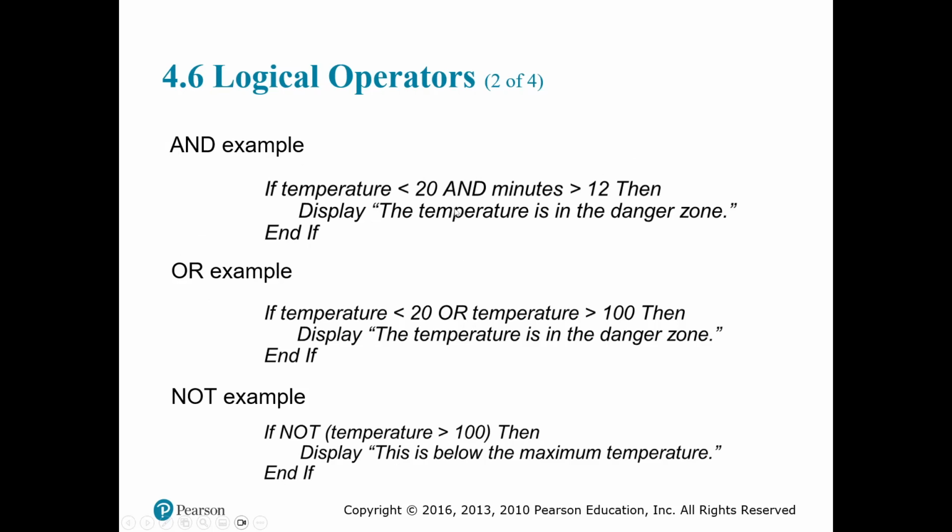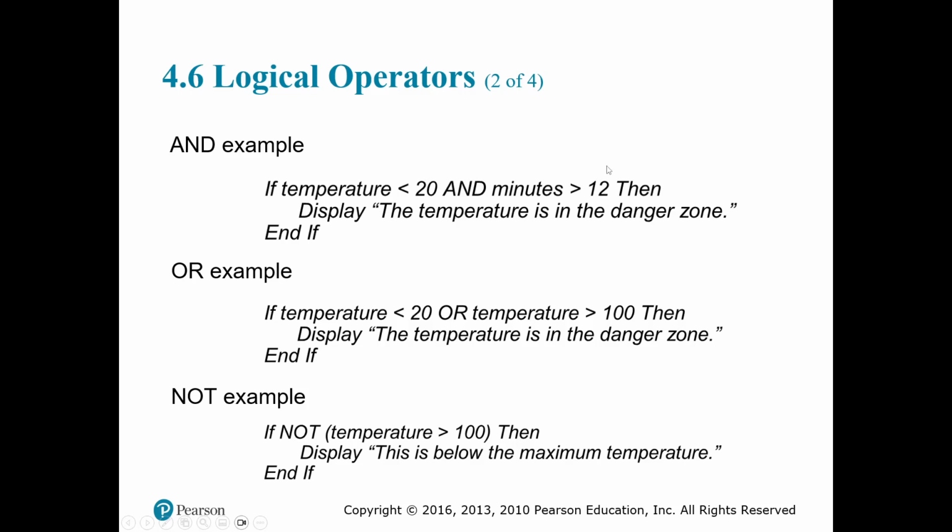So this is an example. If temperature is less than 20 and minutes are greater than 12, then display the temperature is in the danger zone. So you see how we have this and in the middle between the two conditions. We have a condition that's called temperature less than 20 and we have a condition minutes greater than 12.